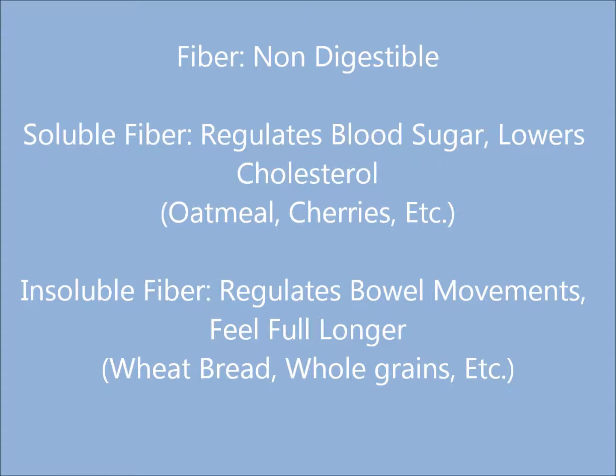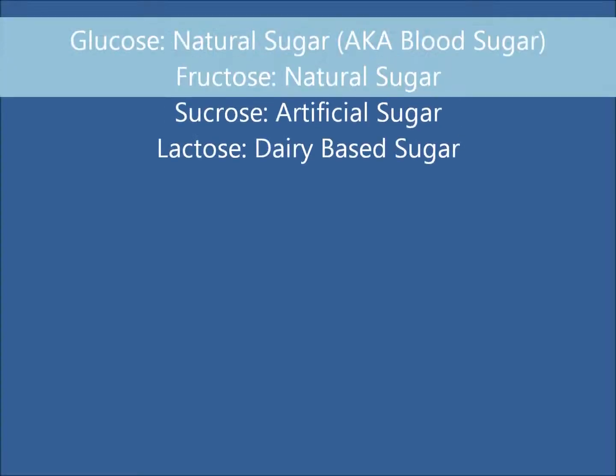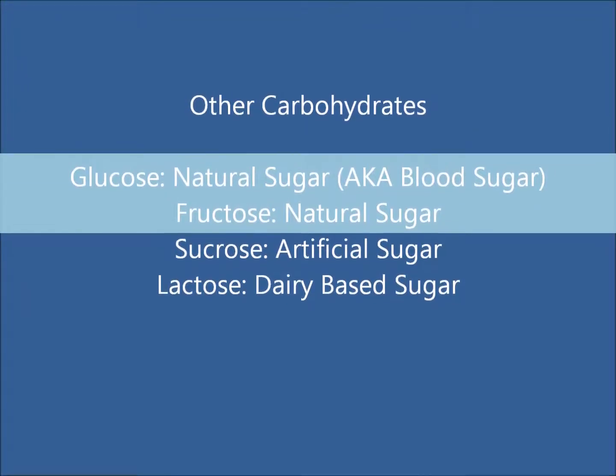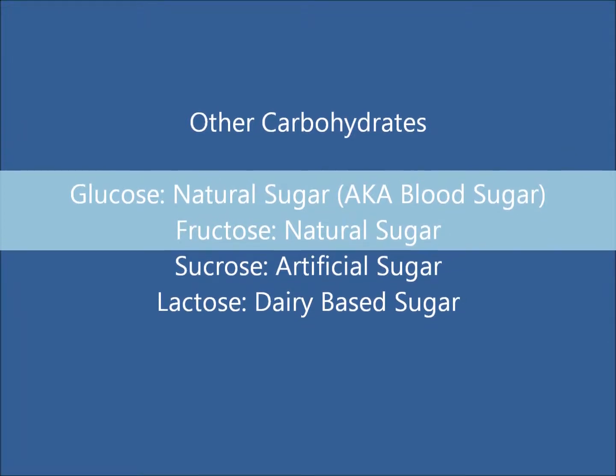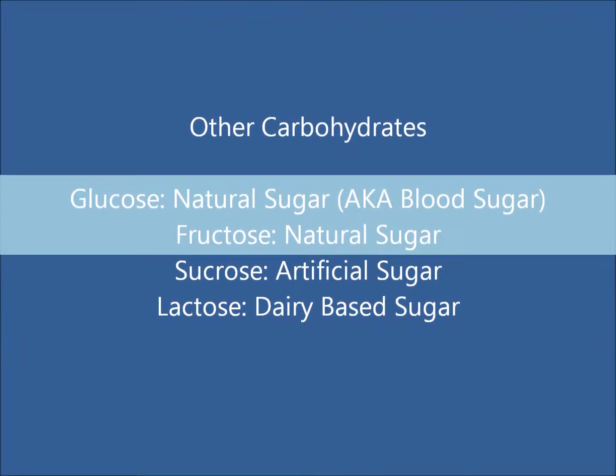A lot of people even use the fiber content and subtract that from their carbs for the day because it's non-digestible, and it does help to lower that blood glucose level. So basically, when you take in carbs, your body's main goal is to convert those carbs into a sugar that it can use for energy, like glucose. It typically tries to convert it into glucose, regardless of what kind of carb you're taking in.